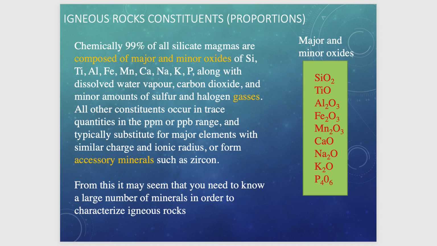So the majority of the classifications that we are going to review relies on these major minerals. And so minerals that contain iron, magnesium, sodium, potassium, and calcium will be the dominant ones. So the plagioclase, the K-feldspar, and also the olivine, pyroxene, amphibole, those are the key minerals.